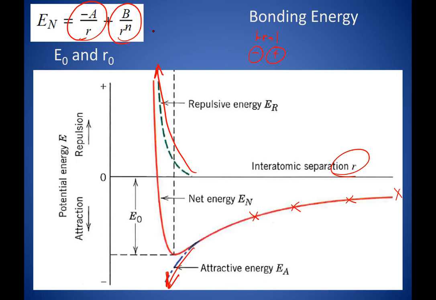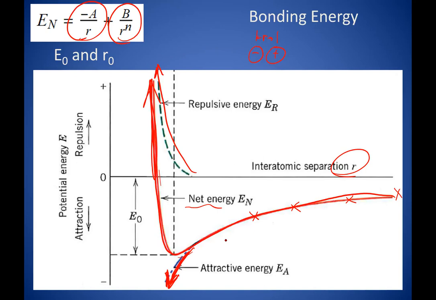And when we add these two terms, we get the red curve that's here. This is our net energy. And so at some point, when the repulsive energy starts to kick in strongly, it will dominate at short distances. That's why this starts to go back up, become positive. Our attractive is still becoming negative, but the repulsive wins.